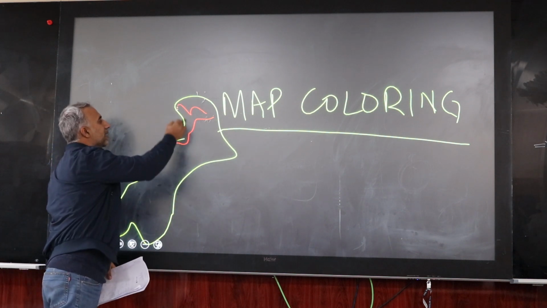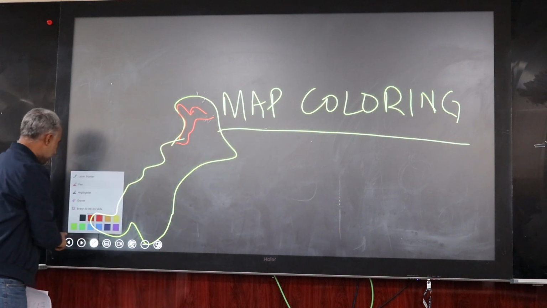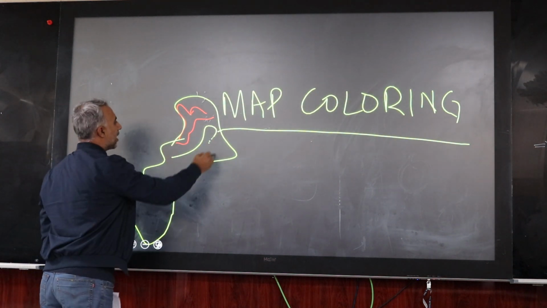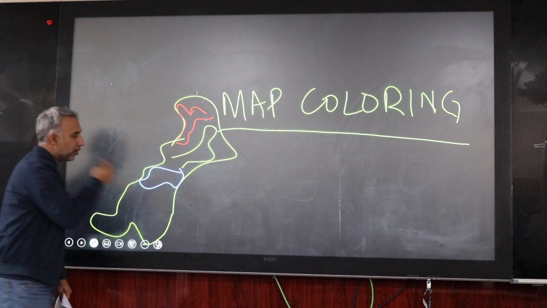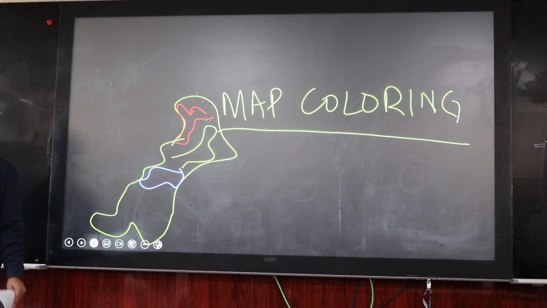If you give the red color to one area, then Azad Kashmir should have the blue color, and the river should have the green, like this. But you cannot give the same color to the nearby adjacent area. One color to each particular area. No repetition.